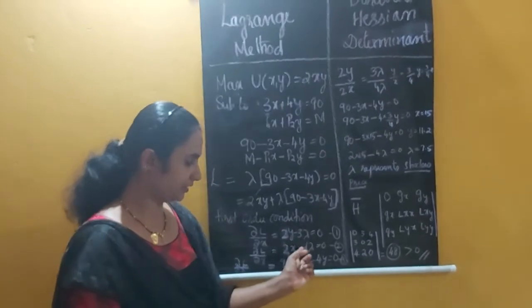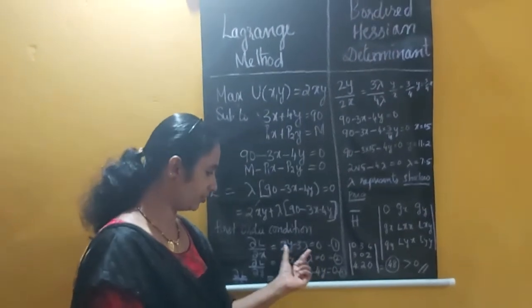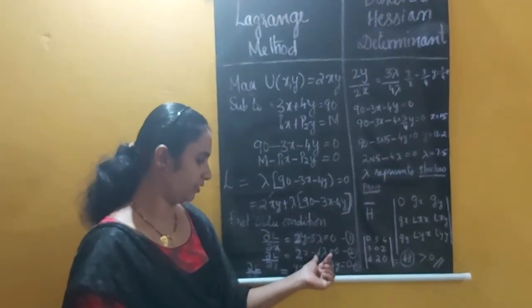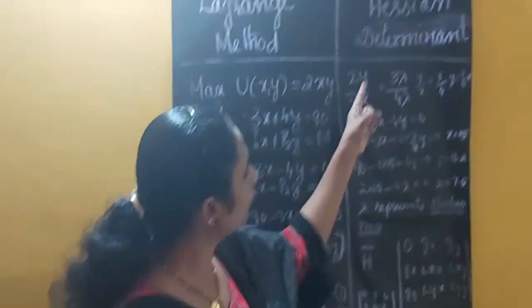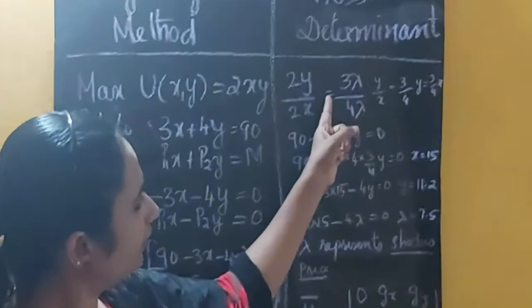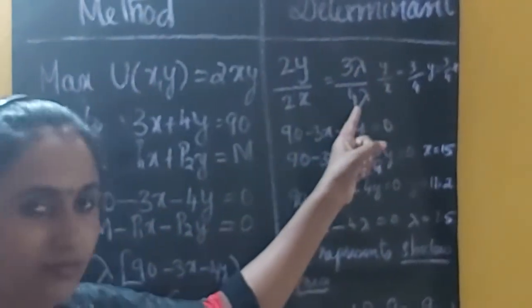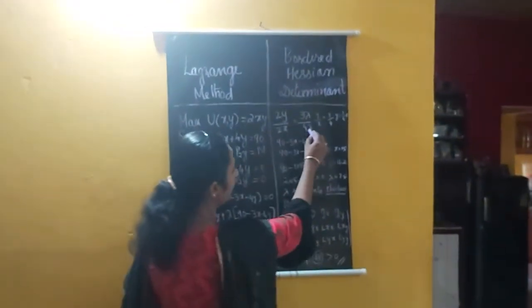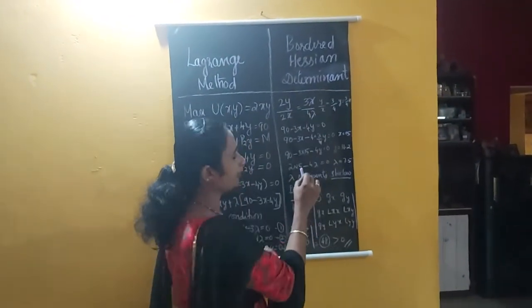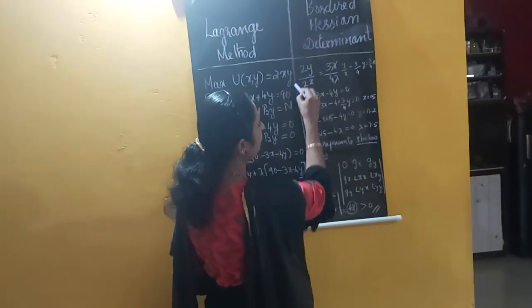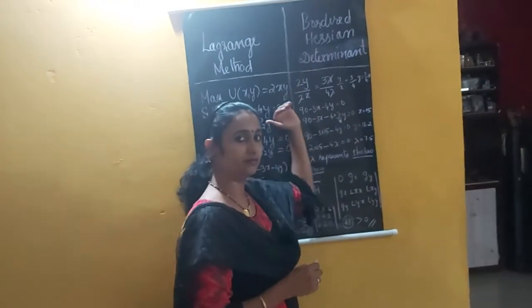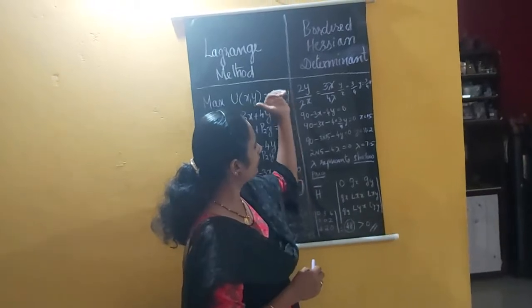Then 2x minus 4 lambda equal to 0, we will get 2x equal to 4 lambda. Now we can write it as 2y by 2x equal to 3 lambda by 4 lambda. So lambda and lambda will get cut off, and 2 and 2 we can cancel.